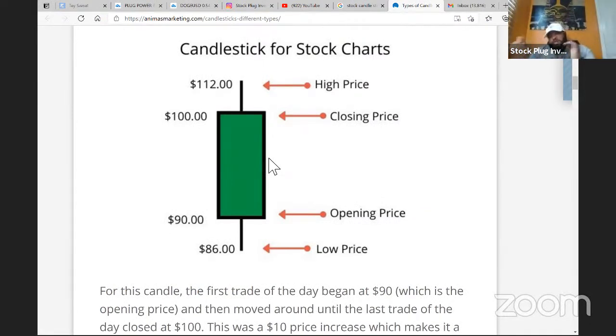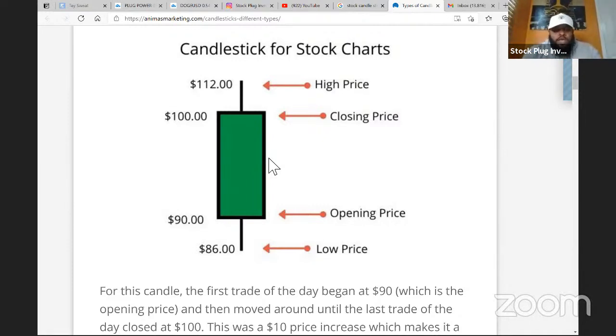So before we start even learning about how to read charts and all that, first thing we got to do is learn how to read these candles. Learning how to read these candles will make it a lot easier when you see these charts, because you would know exactly what each candle means and what it did on that time frame, whether it be a day, a month, or whatever.